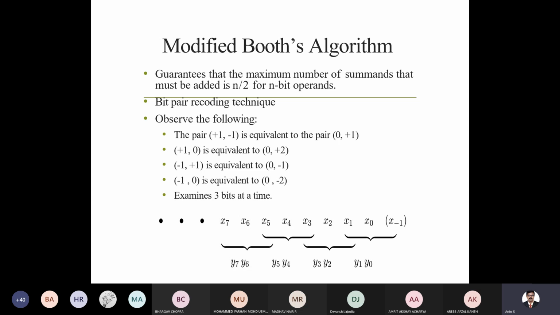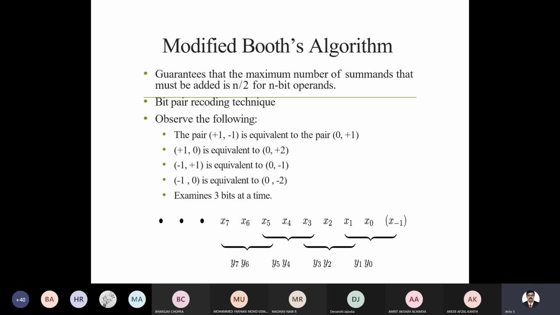Okay, so it is X minus 1. You have to combine 3 bits and make it into 1 bit. From 3 bits, you are making it 1 bit. This is X0 or i. If this is i, there is i plus 1 and i minus 1. If X2 is i, then X3 is i plus 1, and X1 will become i minus 1.